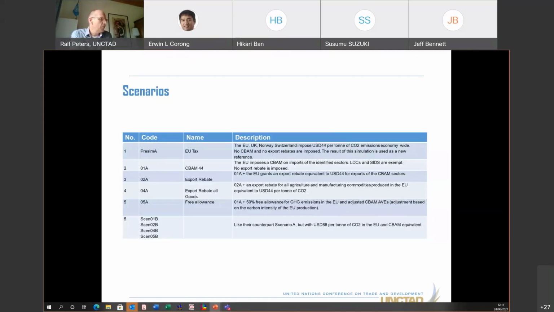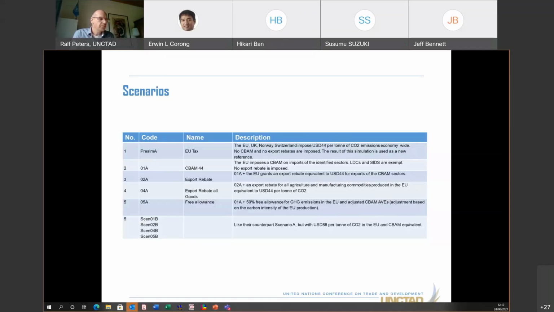The third scenario, which is called here 04, is the same as scenario 2, but with a CBAM and export rebate on all products, not only on the energy-intensive products. In scenario 05, the fourth scenario, we assume that there is a free allowance, which is currently a common practice in the EU and its ETS partners.